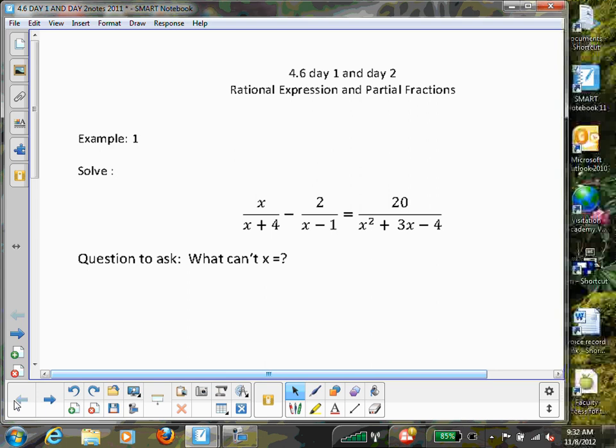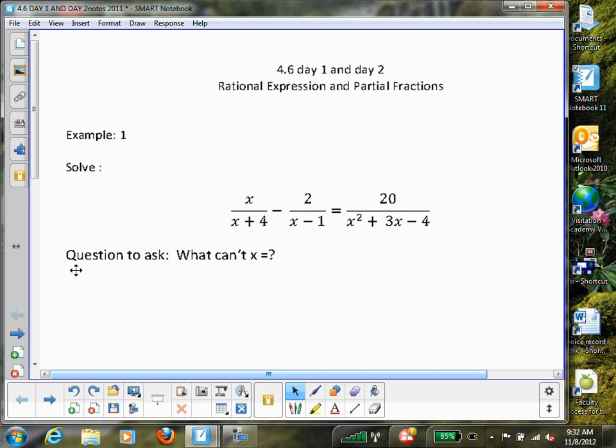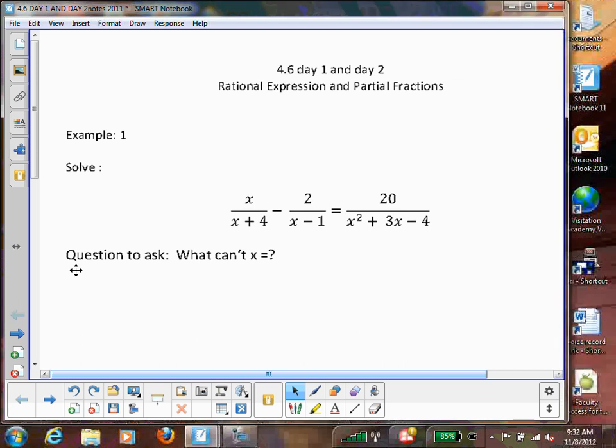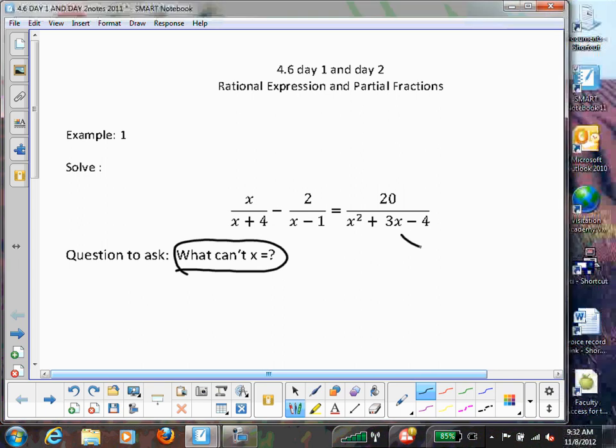Okay. It was like chapter 7 or 8 toward the end of the year. So the first thing that you want to ask is, what can't x equal? And where do we always look for that? The other thing you need to recognize is that everything needs to be written in factored form, not as a polynomial.